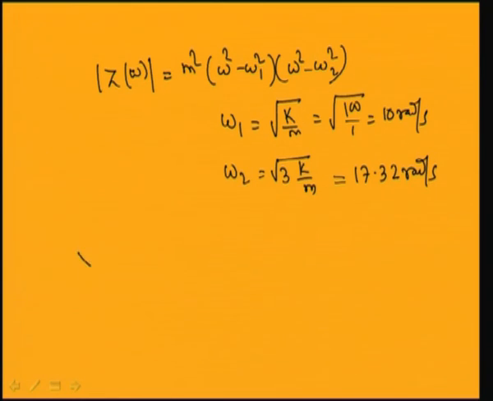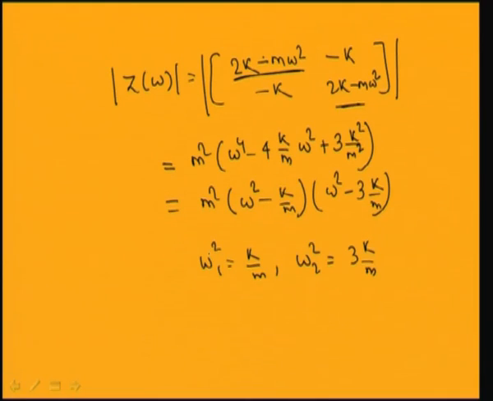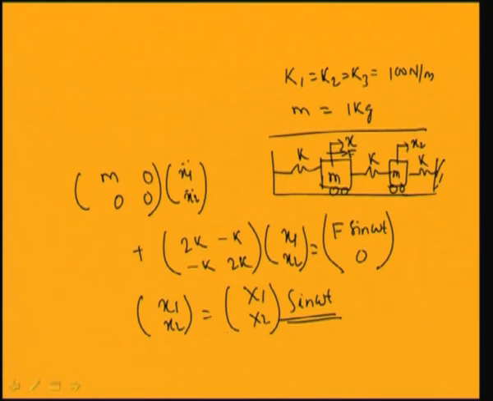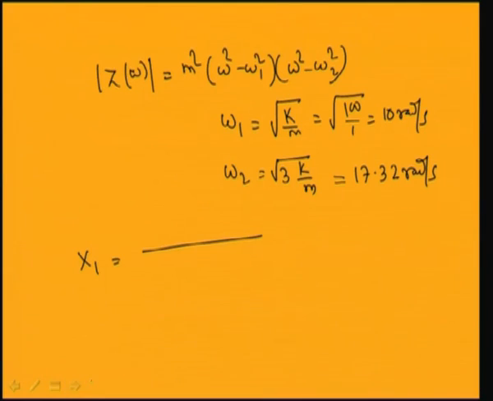Now you can find x1. By substituting this equation in this equation, you can find x1 and x2, as we have already found that expression. So x1 becomes 2k minus m omega square, into F, divided by the determinant of Z omega.